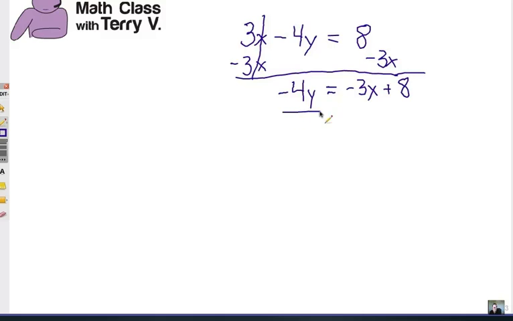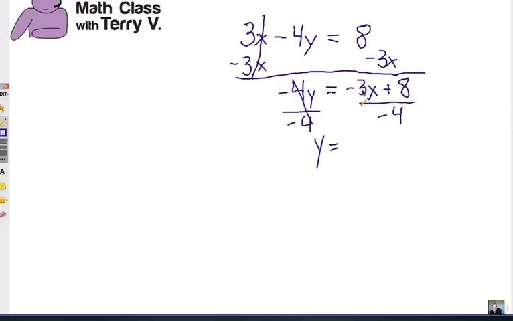Now I'm going to divide both sides by the negative 4. Don't forget the negative sign. And those -4's cancel out, leaving me with y equals, now the -4 is divided into both parts here.